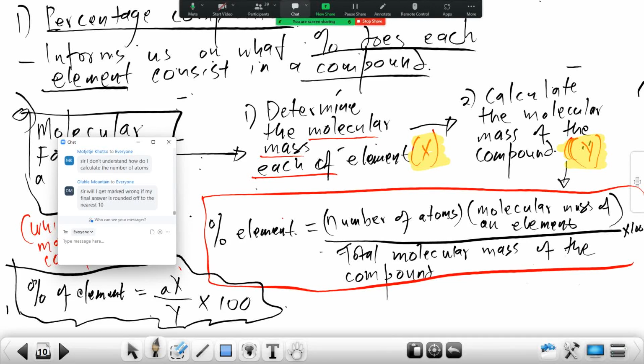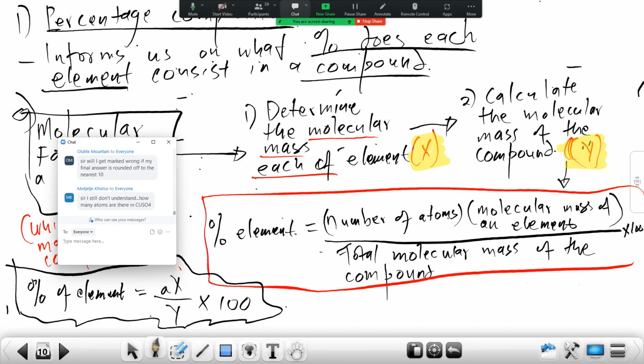We are going to give you now raw, because we said round off to 2 decimal places. So if the answer is 39,81, then you want to round off to the nearest 10, which will be 40. We are going to give you a wrong mark. Oluhle, I hope you get it now.